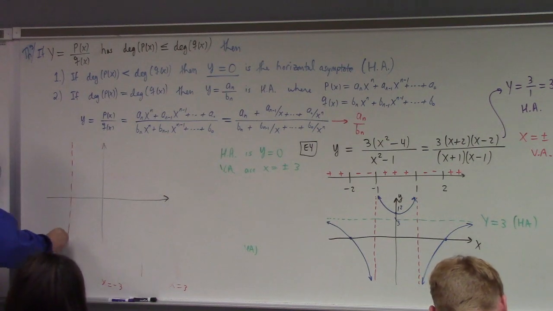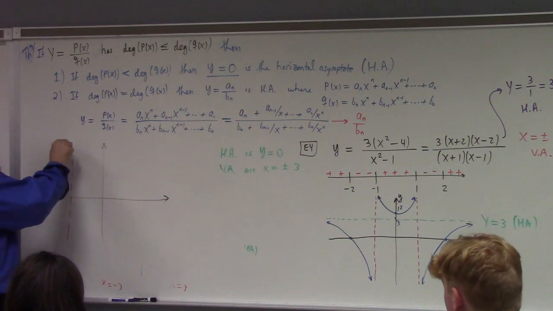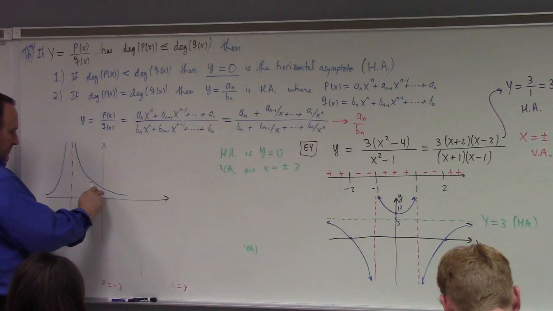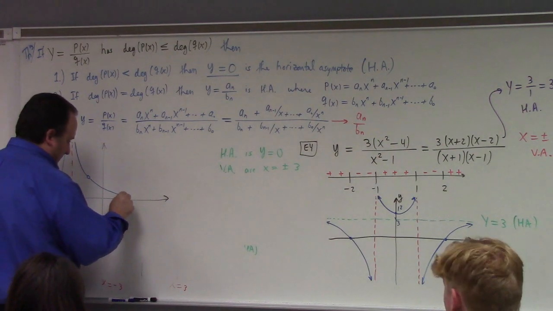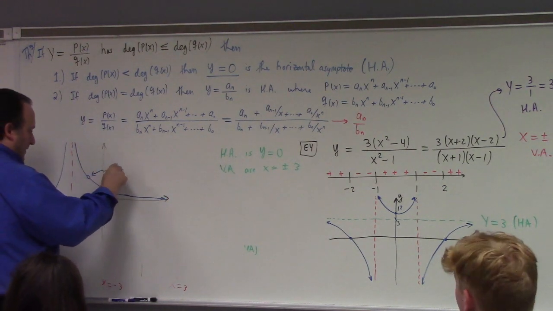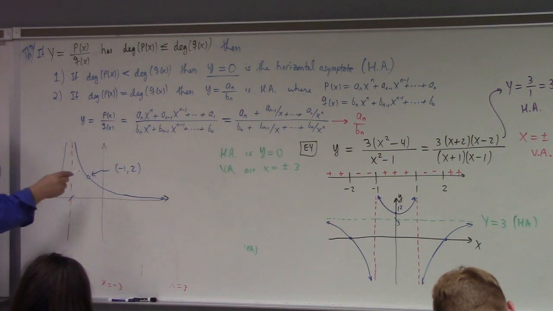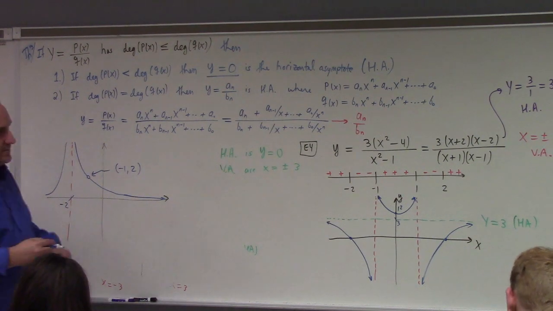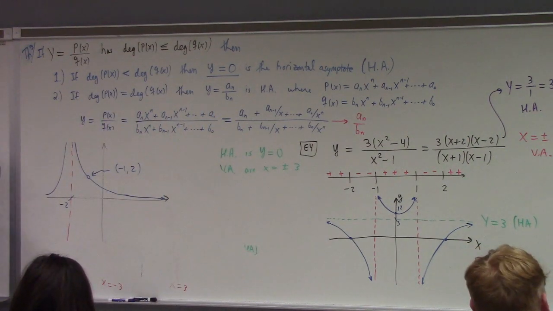It's got a volcano here. Whee! It's got a hole in the graph right there, and then it just does like this. And let's put the hole at minus 1, 2. And let's put the vertical asymptote at minus 2. Can you guys tell me what a formula would be that would do this? Example 7. So this is kind of backwards of the examples we've done so far today.